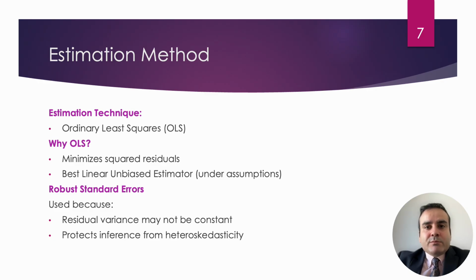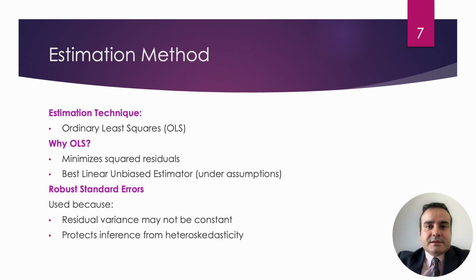However, one important concern in cross-sectional data is heteroscedasticity, which occurs when the variance of the error term is not constant across observations. If heteroscedasticity is present, the OLS coefficient estimates remain unbiased, but the standard errors may be incorrect, leading to unreliable hypothesis testing.